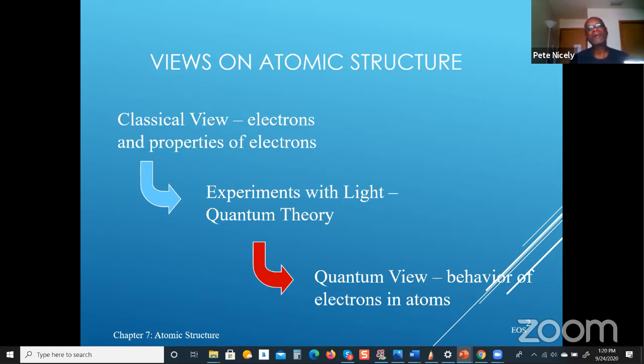Then some people did some experiments with light, which contradicts that classical view, which brings to light what is now known as the quantum theory, which is used to explain the behavior of small particles like electrons, atoms, and so on. So as a result of the quantum theory, we now have the quantum view, which describes the behavior of electrons in atoms. And that's what we'll be talking about in this chapter.